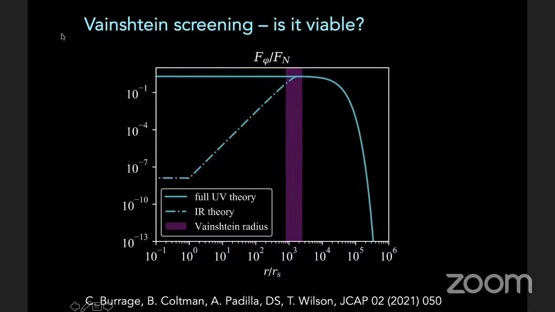So you can get a reduction of strength for this particular model up to 10 to the 8 compared to the Newton force, starting at some Vainshtein radius, except that the UV theory doesn't at all. The UV theory doesn't screen at all. The two theories look nothing like each other, and the Vainshtein radius is simultaneously the radius at which your nonlinearities become important, and so you start screening, and the radius at which your theory breaks down completely.